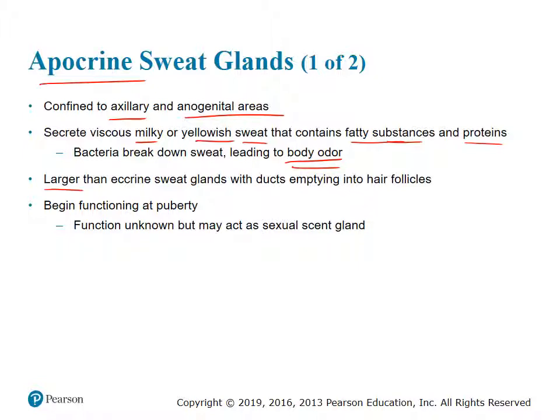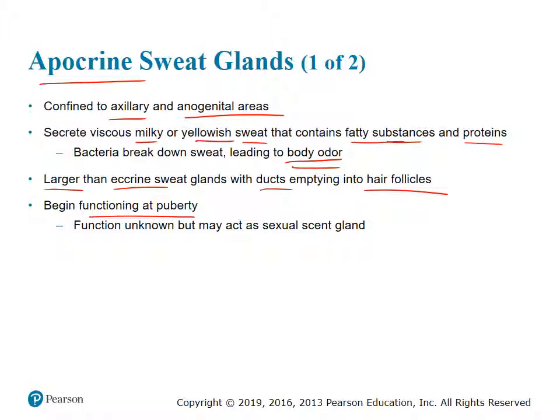They're larger than exocrine sweat glands. Their ducts empty into hair follicles. They are inactive before puberty, and at puberty they actually begin functioning. That's why children, for example, don't need deodorant. Does that make sense to you?